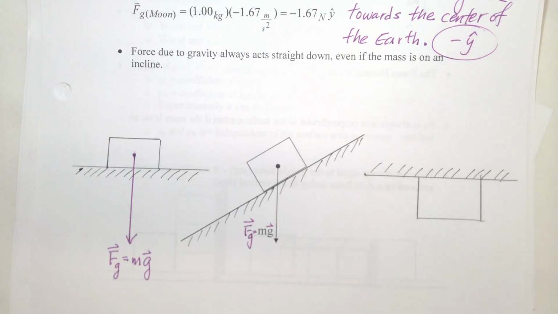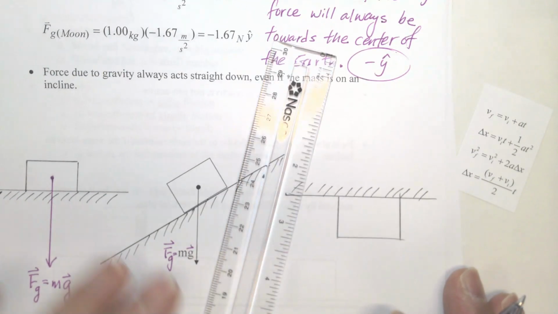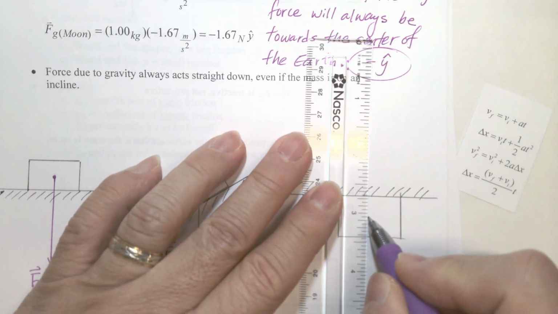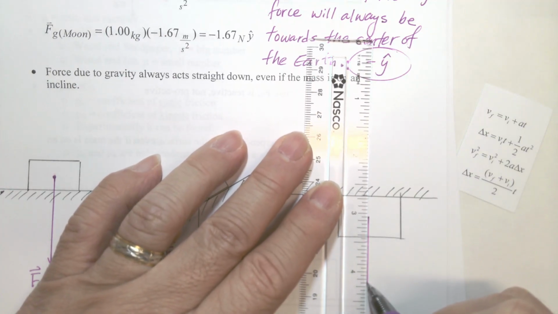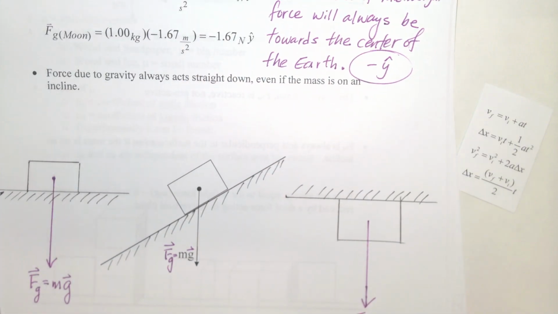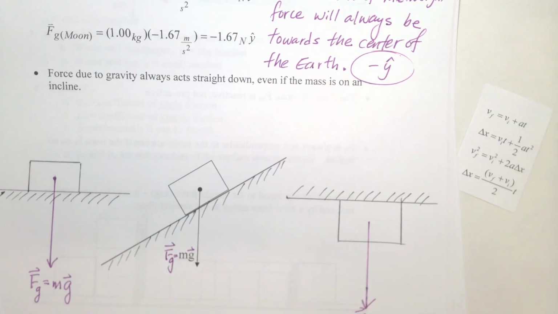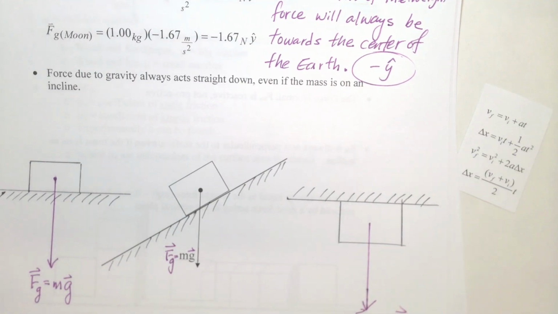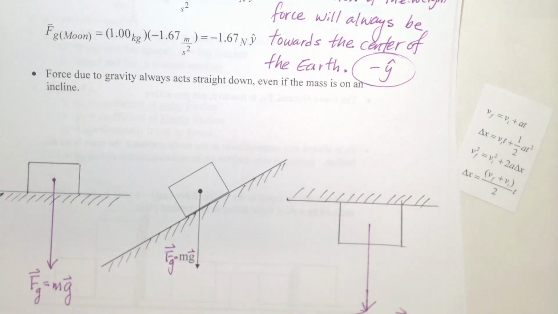And even if you are having this on a ceiling, let's say, it will still be straight down, okay? There's no negotiation on that, okay? It will always be straight down. Easy enough?